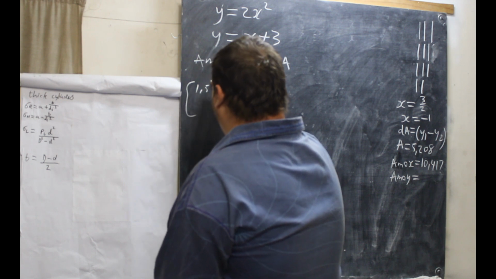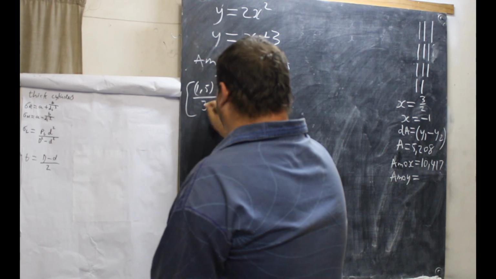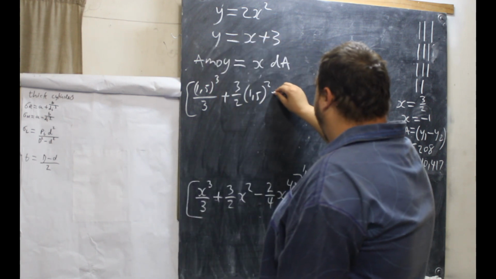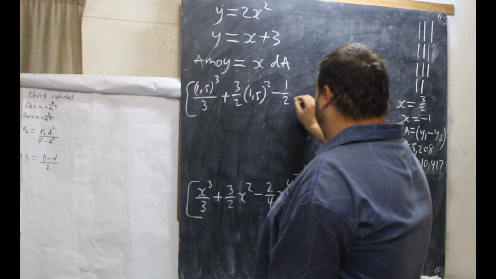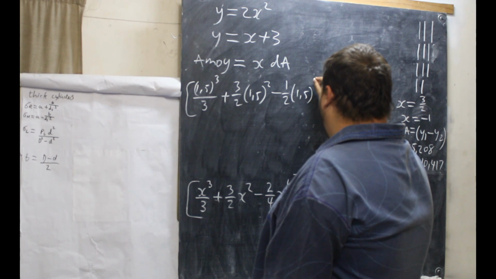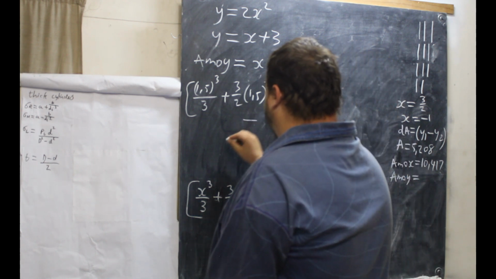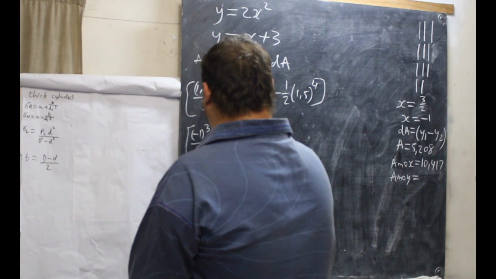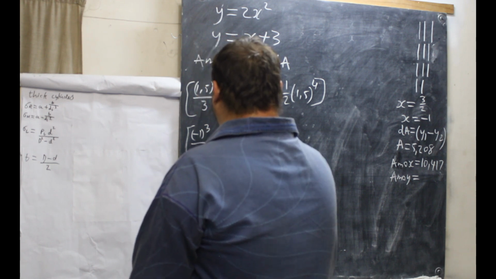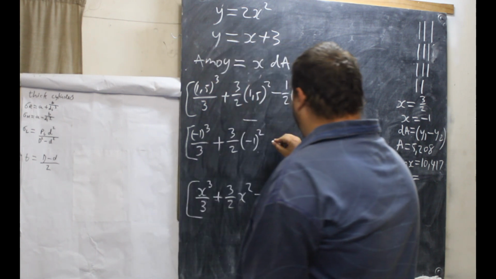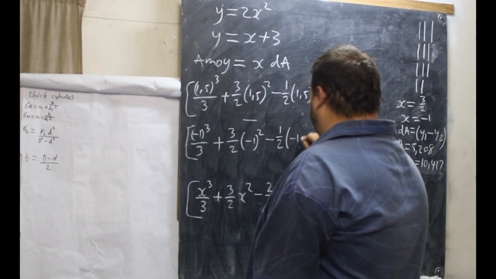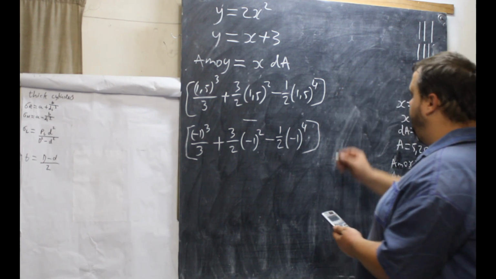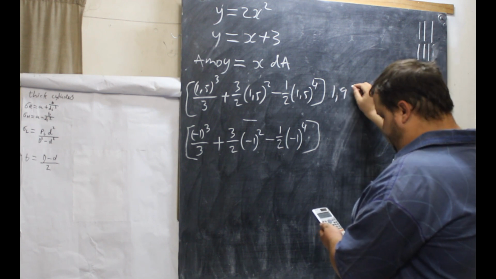So, 1.5 to the power 3 over 3 plus 3 over 2 times 1.5 squared minus 2 over 4, which is 1 over 2, times 1.5 to the power 4, minus 1 to the power 3 over 3 plus 3 over 2 times minus 1 squared minus a half times minus 1 to the power 4. Let's get our sum in order. 1.96.